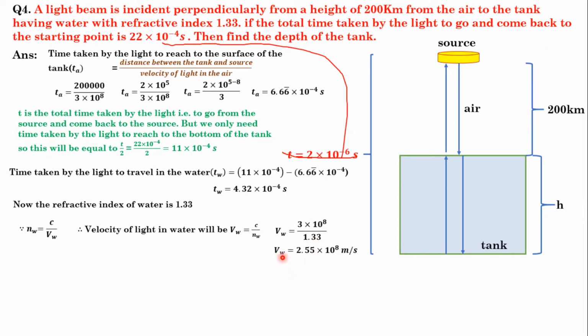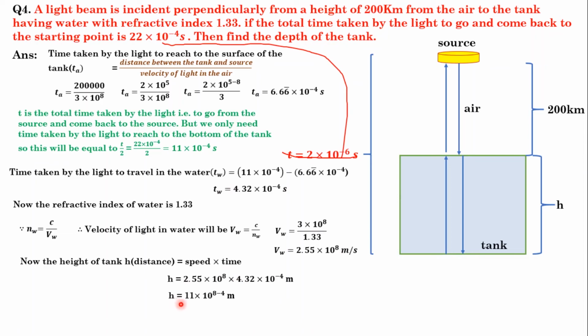So the velocity of light in water is 2.55 into 10 to the power 8 meter per second. We know the time, we know the velocity, so we can calculate the distance. Distance is equal to speed into time. So speed is 2.5 into 10 to the power 8, multiplied by the time it will take. So this will be the height.